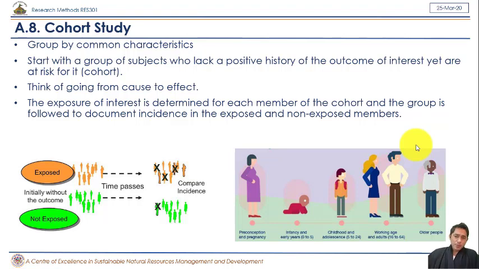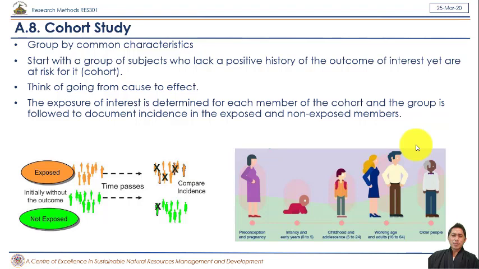The next type of study under the observational study is a cohort study, more or less like a longitudinal study, or most of the time we see that it's one of the studies under longitudinal study.